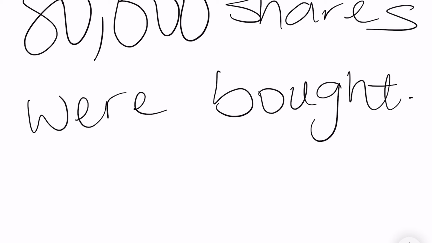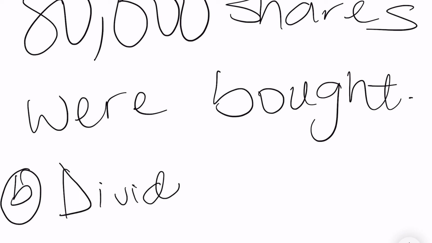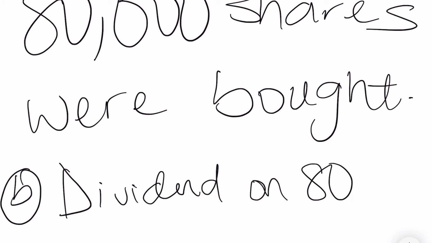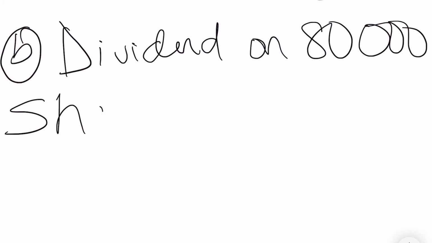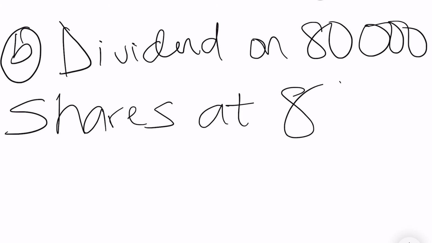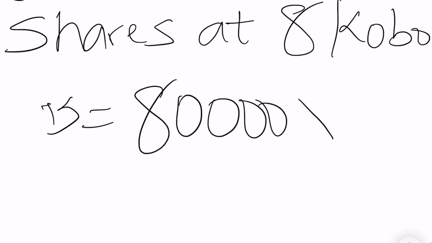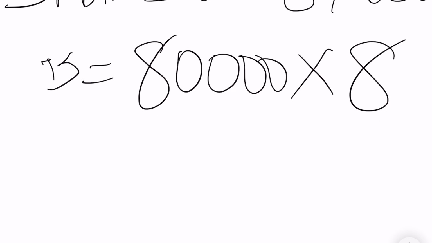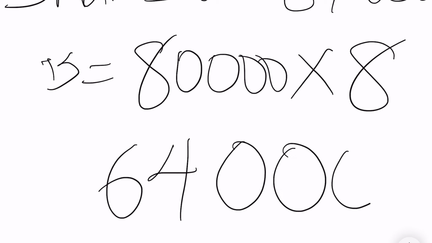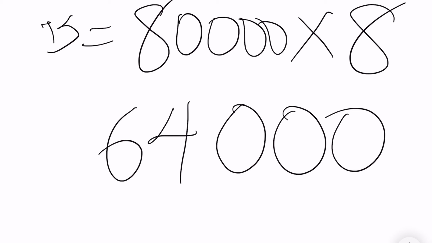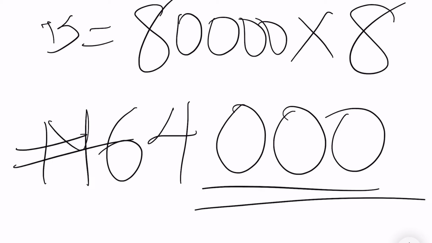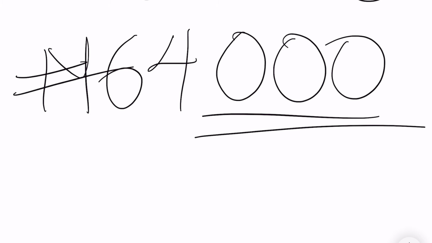The dividend on 80,000 shares at 8 kobo is 80,000 times 8, which gives us 64,000 kobo, that is 640 naira.